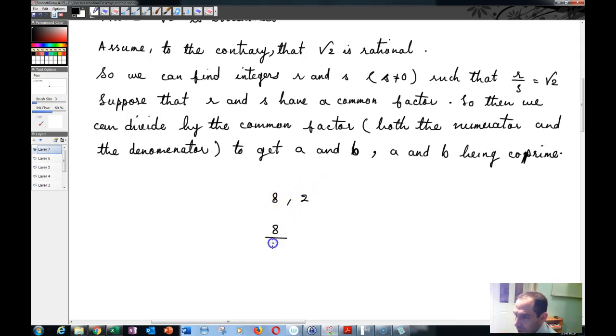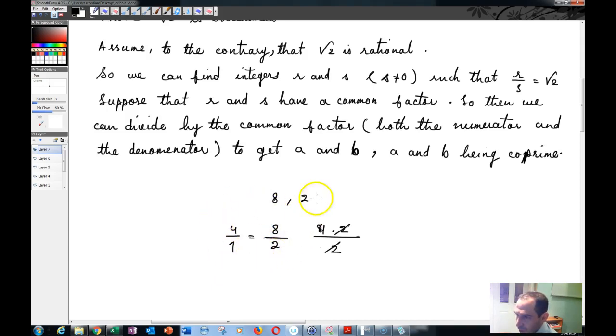If you have 8 divided by 2 as a rational number, the numerator and denominator have a common factor, which is 2. So 8 can be written as 4 times 2, and you have a 2 in the denominator. You can divide by the common factor to get 4 and 1. So 8 divided by 2 is the same thing as 4 to 1.